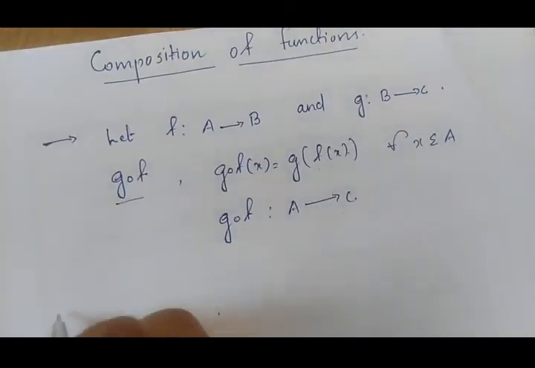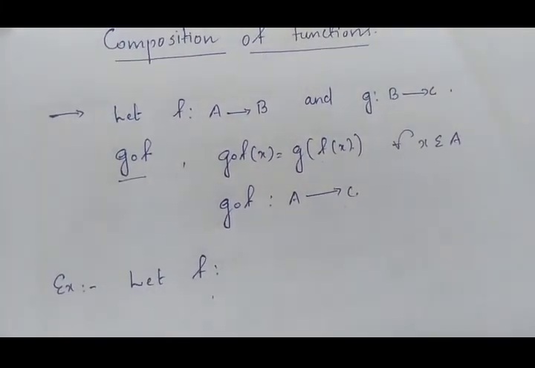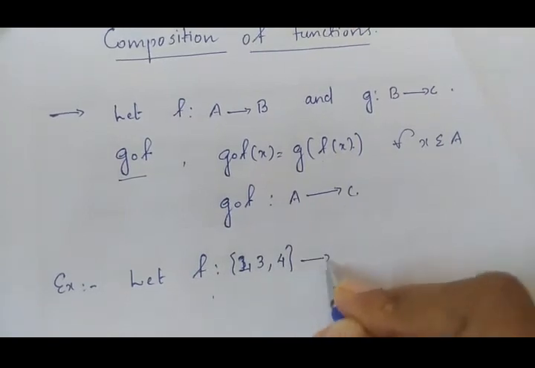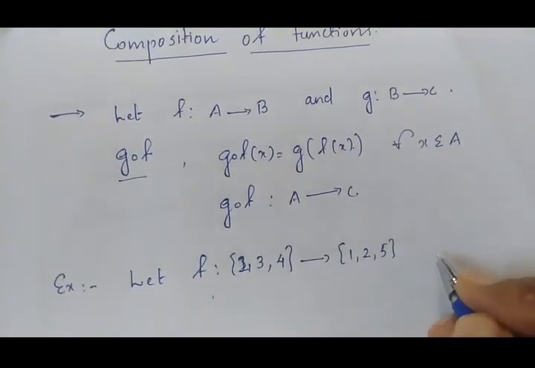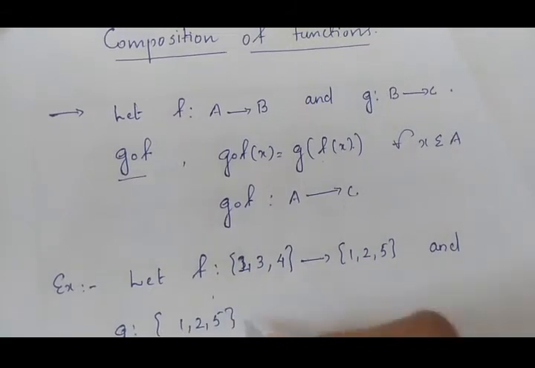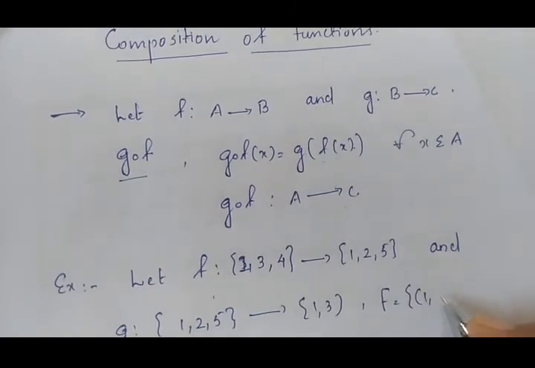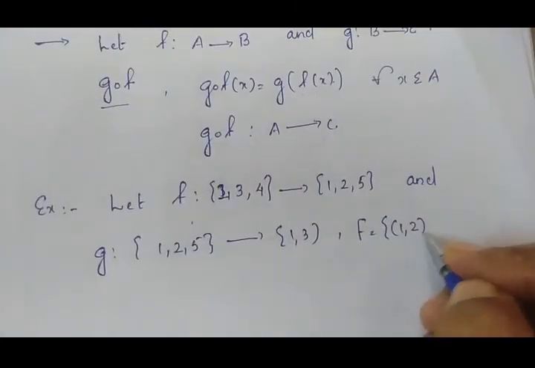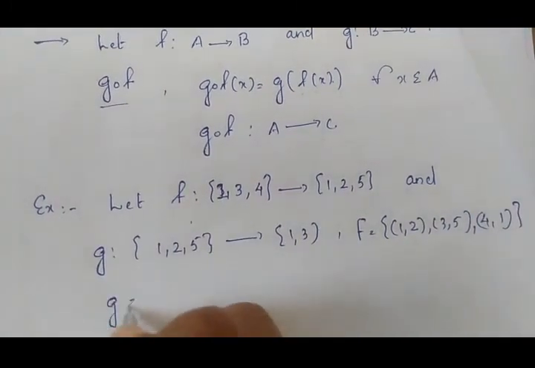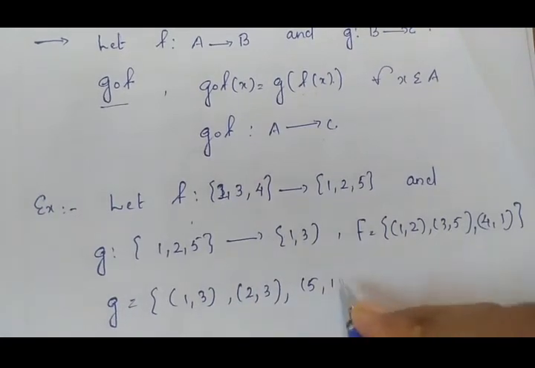Consider, let f be a function defined from the set {1, 3, 4} to {1, 2, 5} and g another function defined from {1, 2, 5} to {1, 3}, given by f = {(1, 2), (3, 5), (4, 1)} and g = {(1, 3), (2, 3), (5, 1)}.